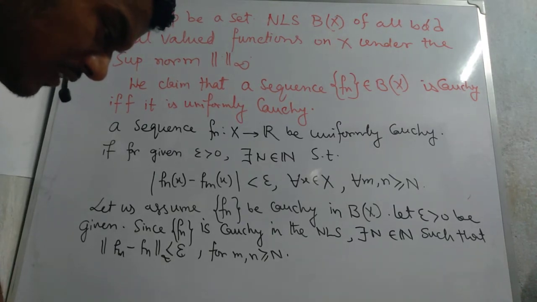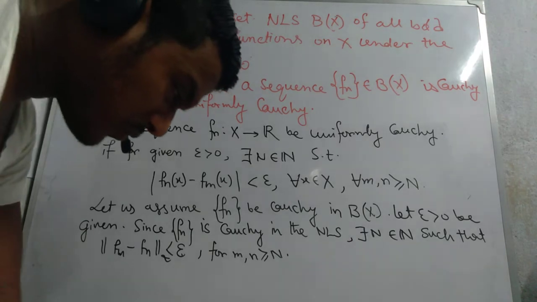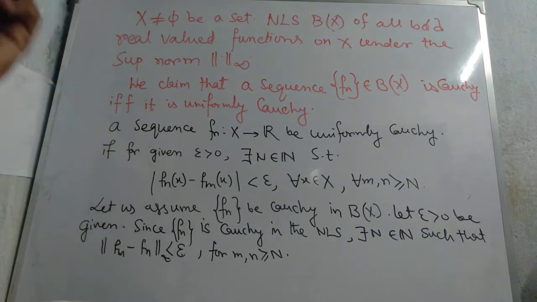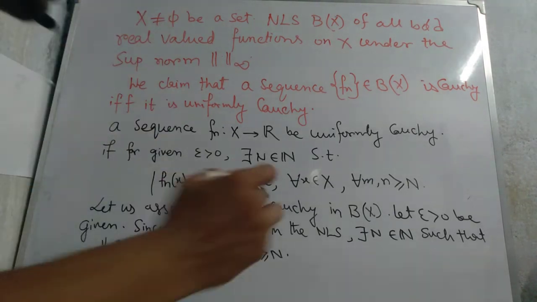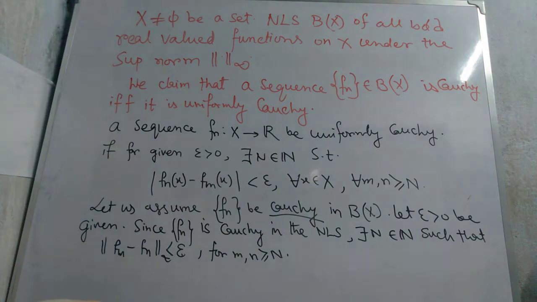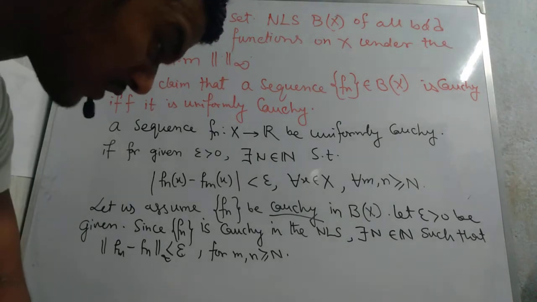Okay, now we see that the supremum of this is less than epsilon. Then f_n is Cauchy in B(X) and epsilon greater than 0. f_n is Cauchy in the normed linear space, then there exists N such that this one holds.